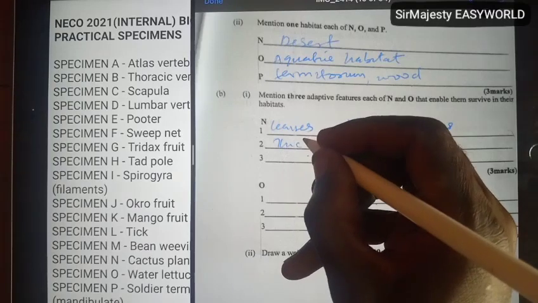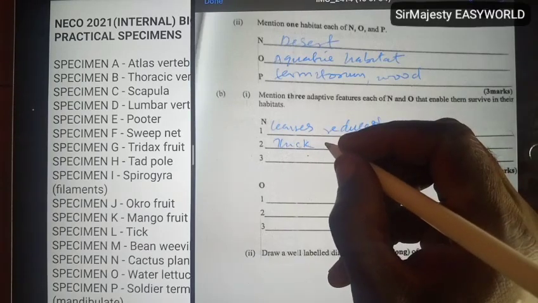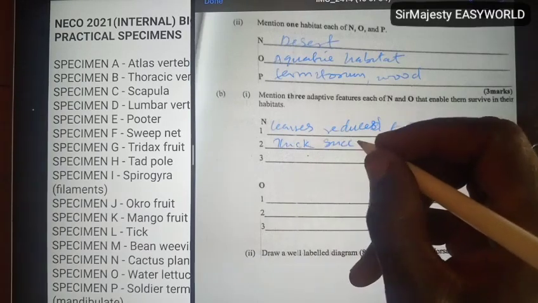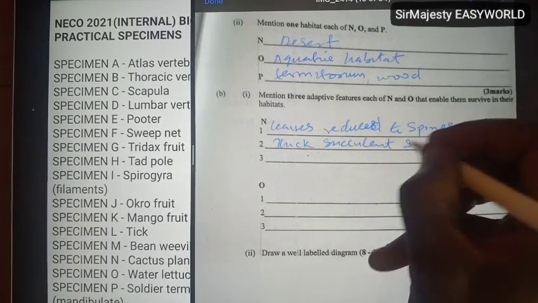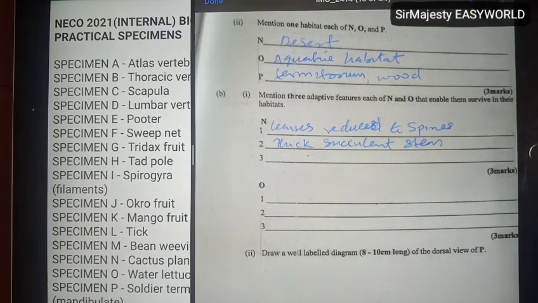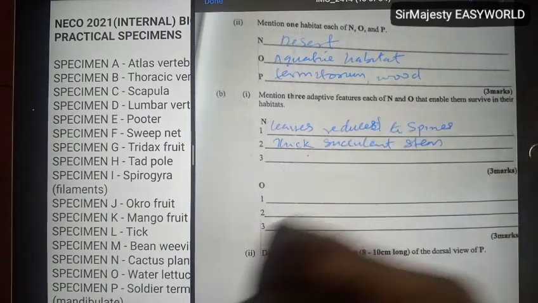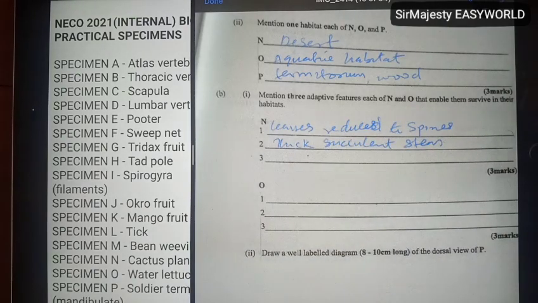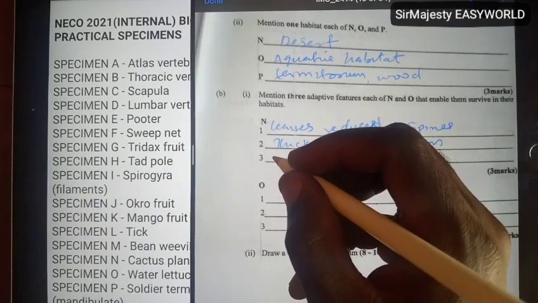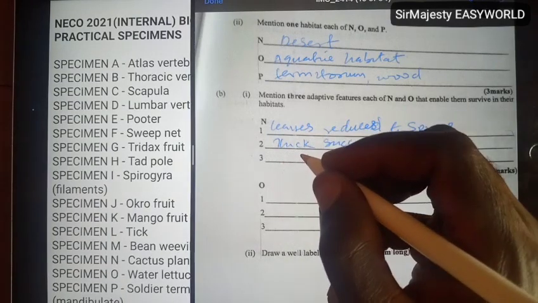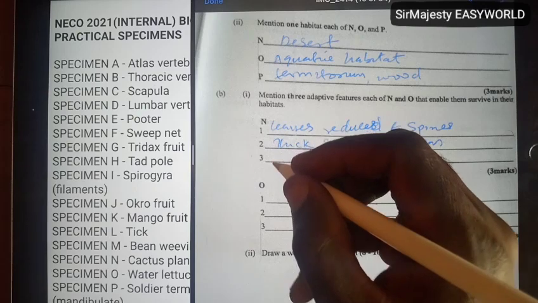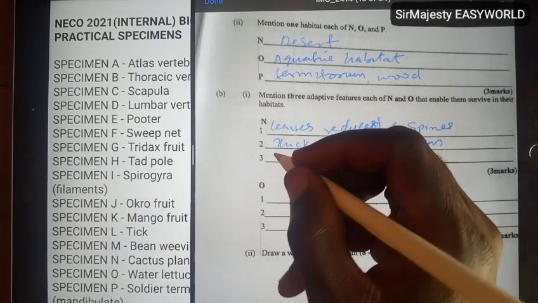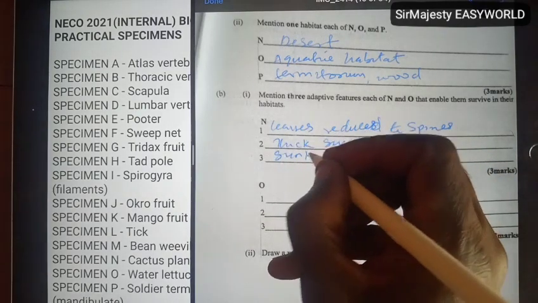Then thick succulent stem for proper storage of water. Then again, it has the presence of numerous stomata, kind of hidden stomata there.